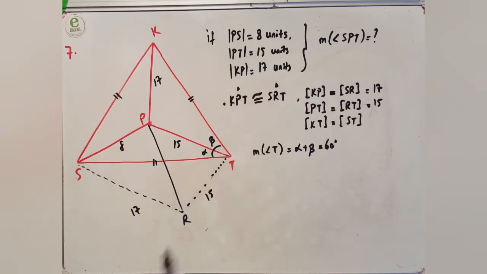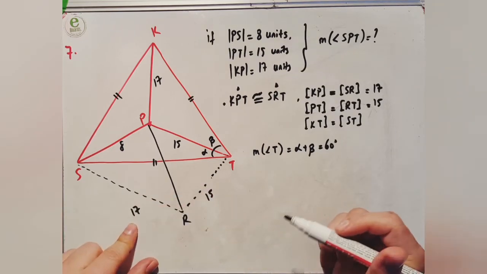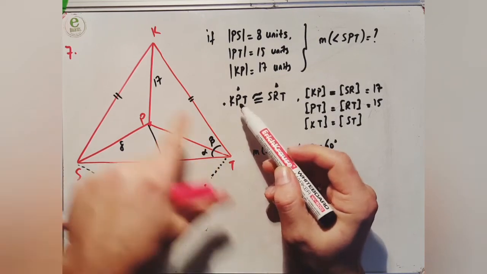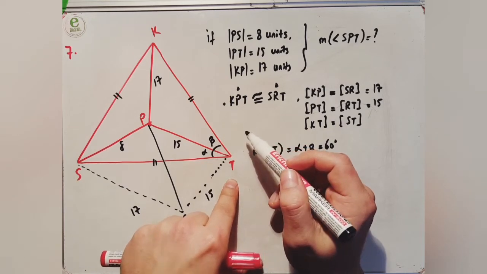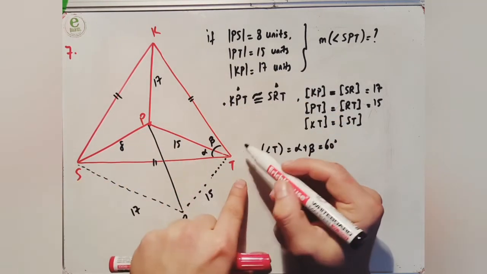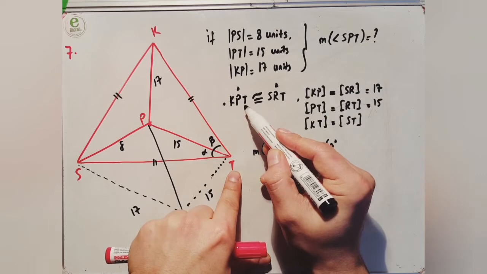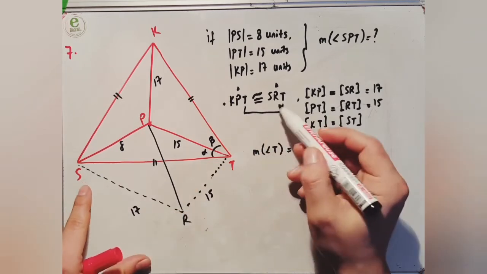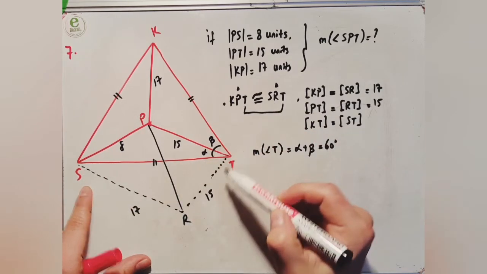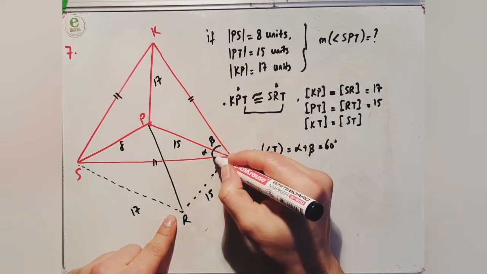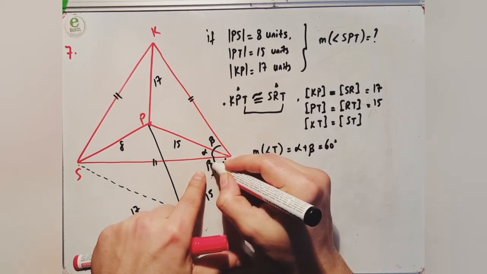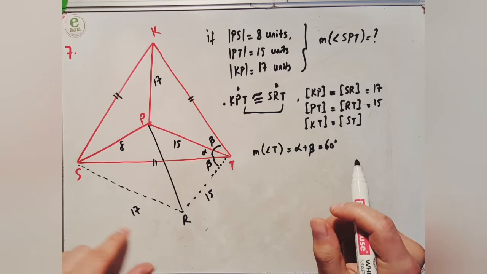For congruent triangles, corresponding angles are also equal. So in triangle KPT, the measure of angle T is equal to the measure of angle SRT, so it's also beta. These two measures are equal.